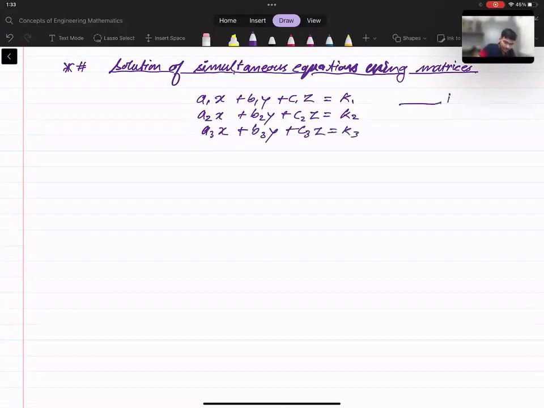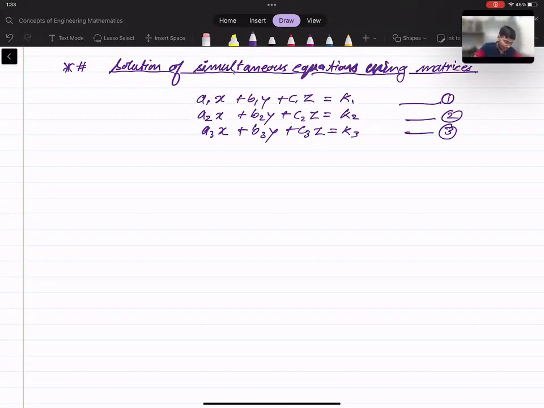So we have these three equations. We are frequently taking a system of equations in three variables because this is the most generally seen case. Mostly we face these types of problems only with a system of equations in three variables.